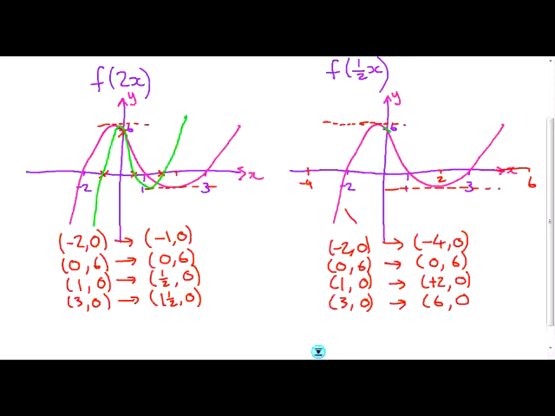And we've also got the same coordinate here. So it's going to come up. It's going to hit there, come down, through here, hit this point, and then go past. So you can see it's stretched out, if you like.